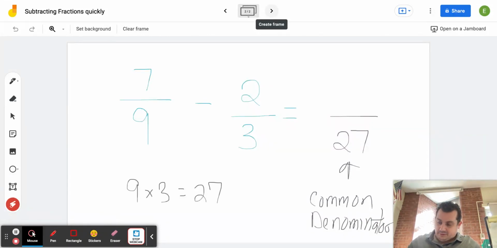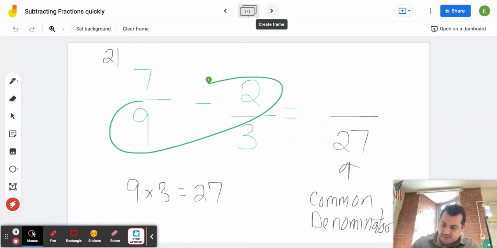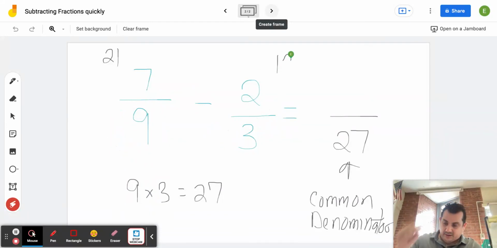Now I'm going to cross multiply. 3 times 7 gives us 21. 9 times 2 gives us 18. So we have to put up here 21 minus 18. And what is 21 minus 18? 21 minus 18 is going to give you 3.